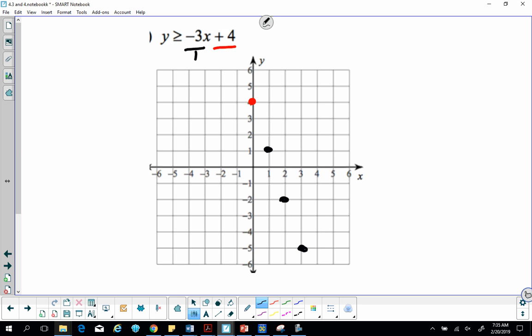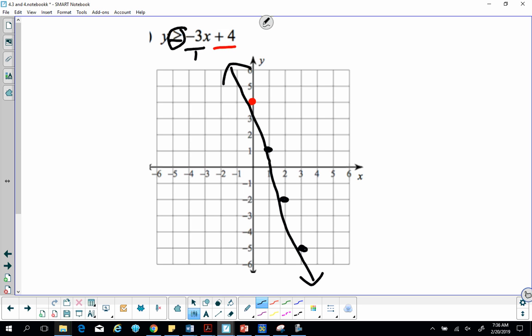Then I look at this, and is this a solid line or a dotted line? Solid. It's solid because there's a line underneath it. It's literally telling you to make it solid. That just means it includes all the points that fall on this line. And then is y being eaten or not being eaten? It's being eaten.